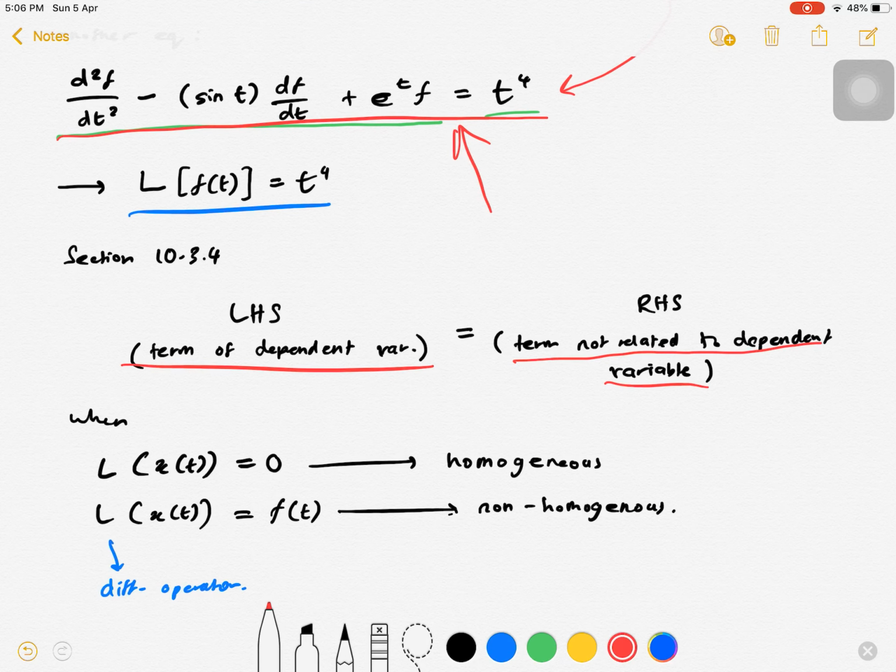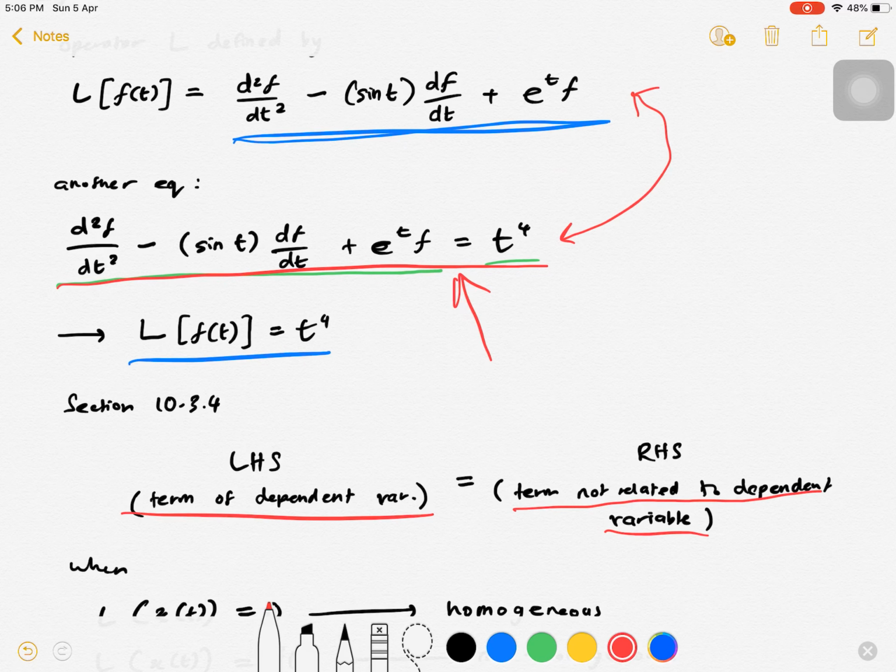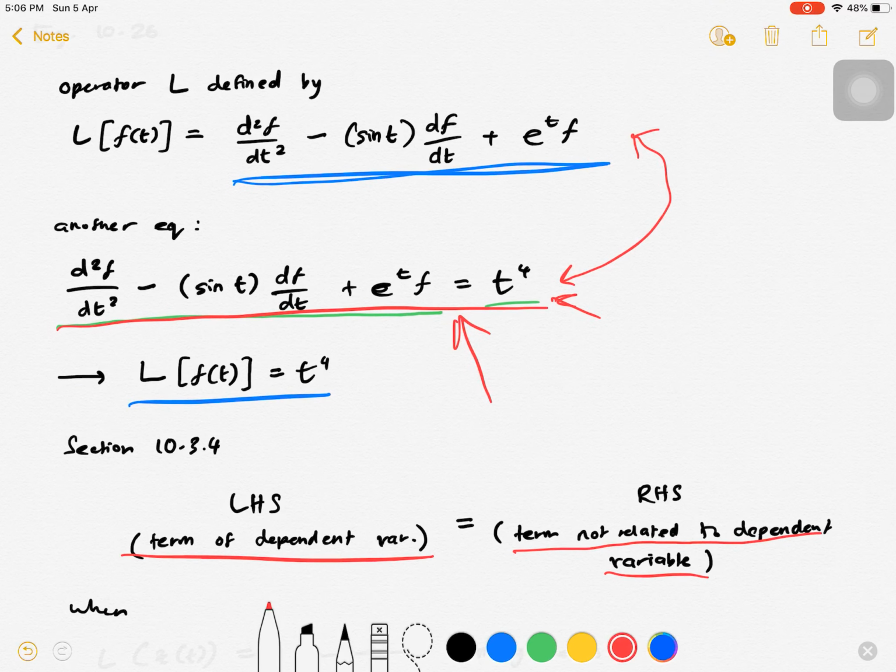So if you look at this equation, the dependent variable is f. The function f is placed at the left hand side there, and there is no function f at the right hand side. And if there is an additional component which is not related to f, we put it at the right hand side, which is this one, t power 4. Okay, hopefully you understand that arrangement.